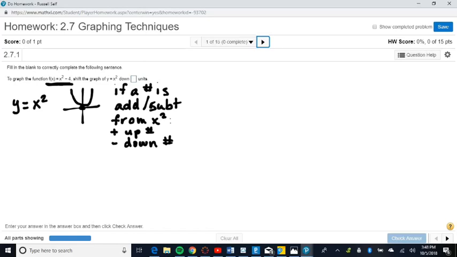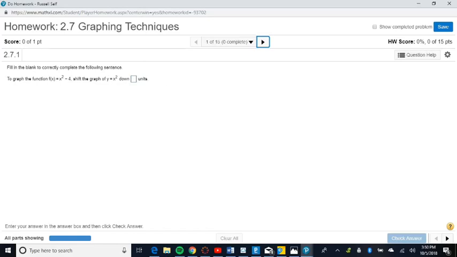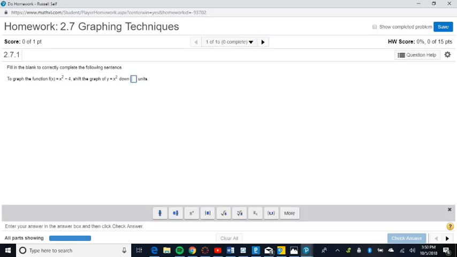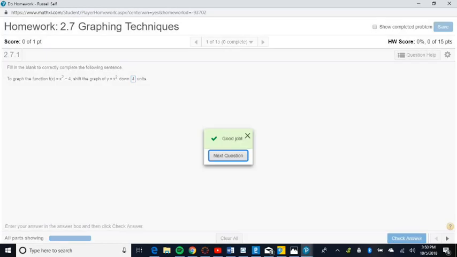So in this particular instance, since we're talking about x squared minus 4, it shifts the parent graph of y equals x squared down by that number of units. So in this case, 4 units. So typing in your 4, check your answer, and there you go.